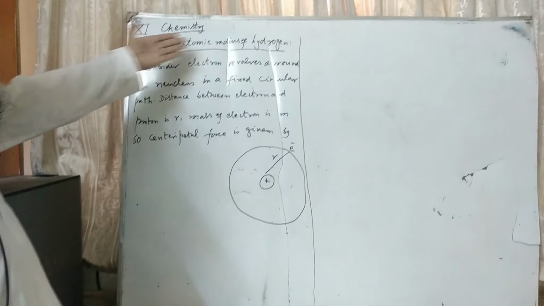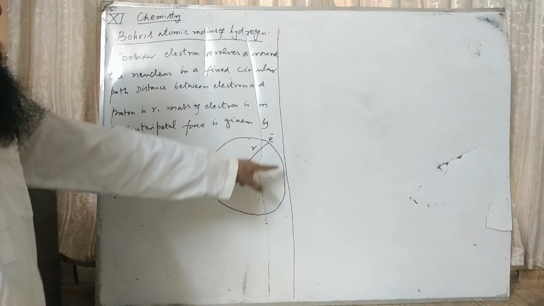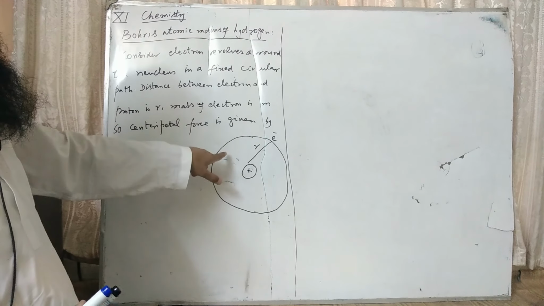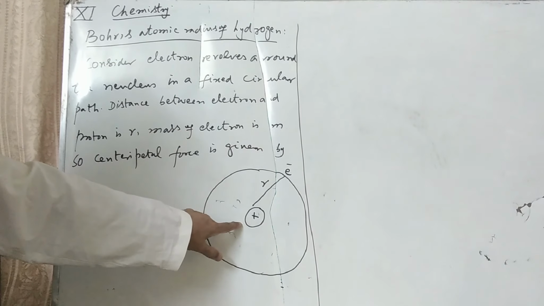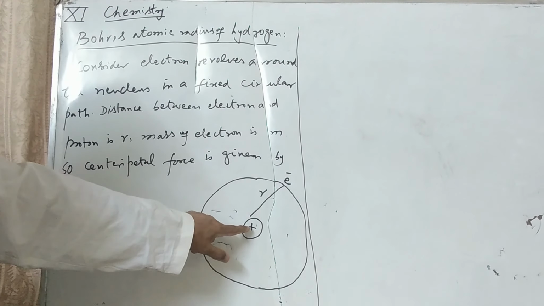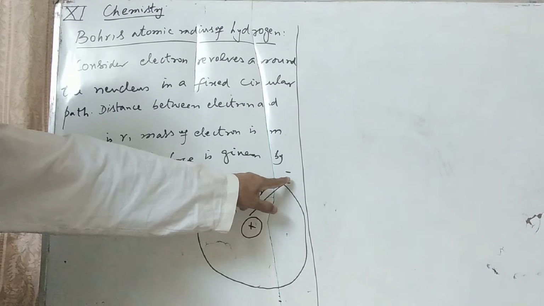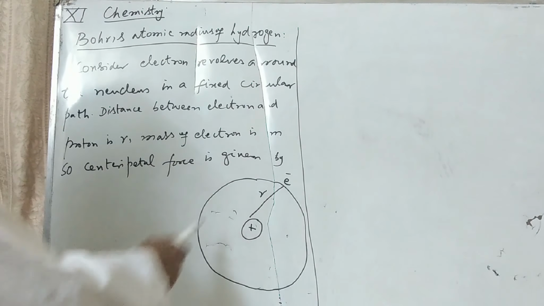According to the Bohr atomic model, consider an electron revolving around the nucleus in a fixed orbit. This is the nucleus, which contains neutrons and protons, so it has a positive charge due to the protons, and e is the electron. The distance between the electron and the nucleus is r.